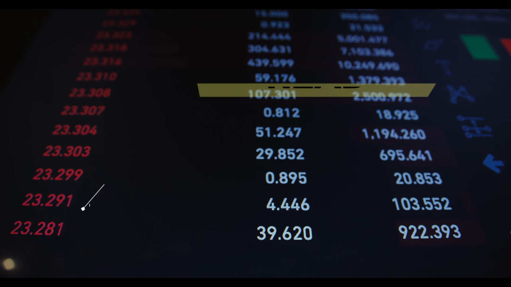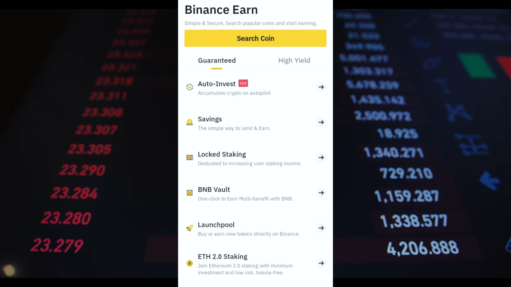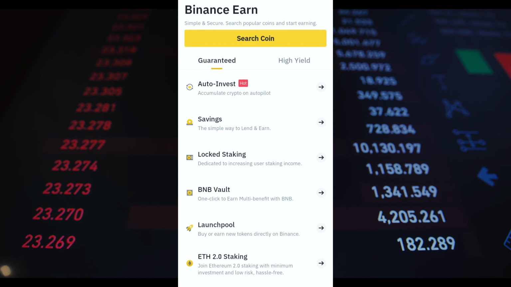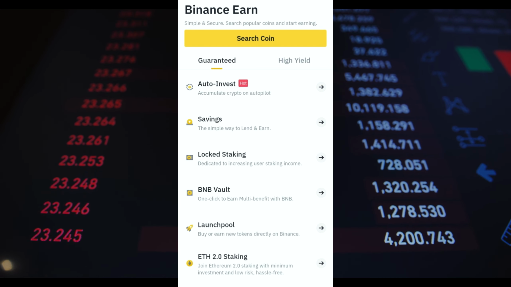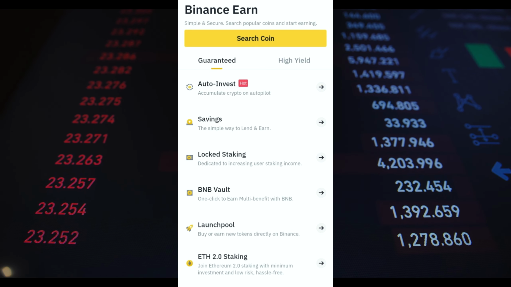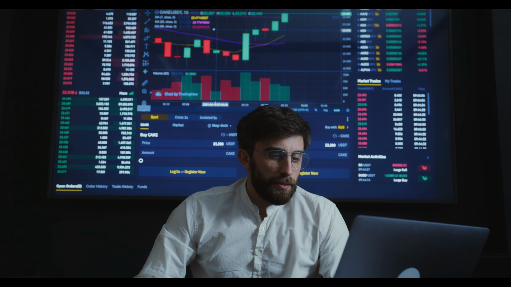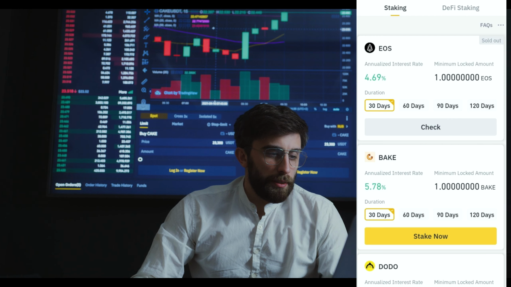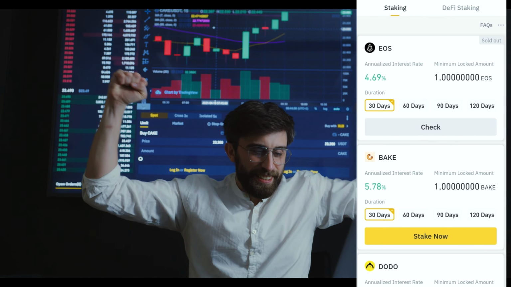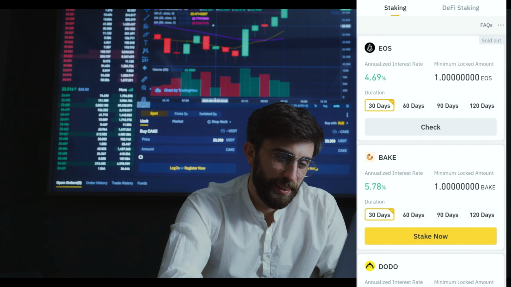When on your Binance platform, you will see auto invest. Click it and you will see a lot of options like staking, launchpad, liquid farming, strategy trading. The first one will be staking. Click staking. When you're in staking, you can lock a coin for a number of days with a certain percentage.